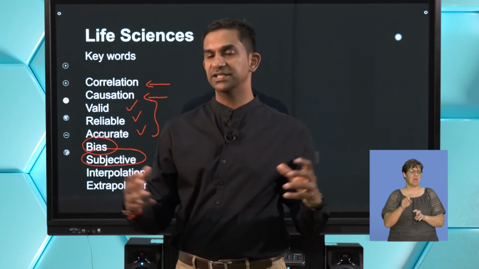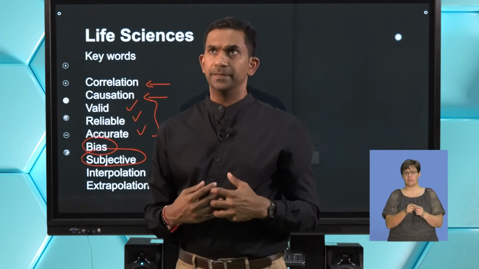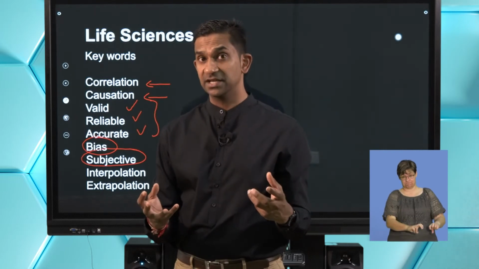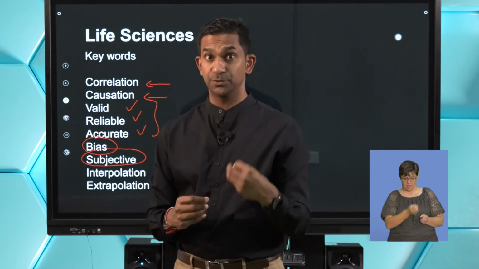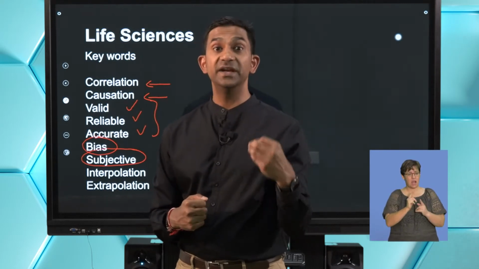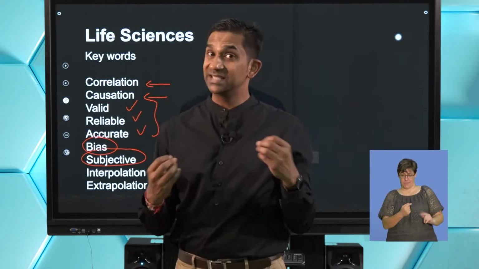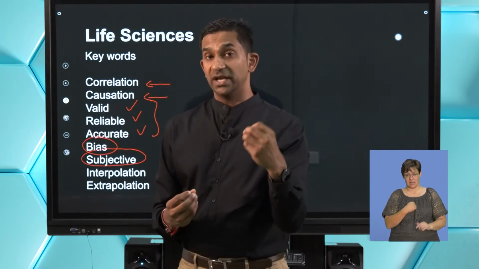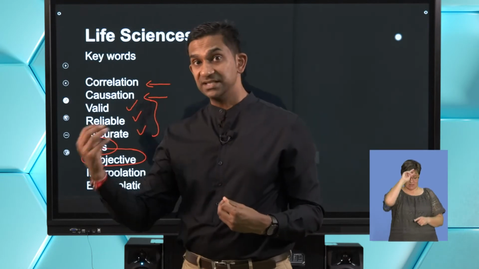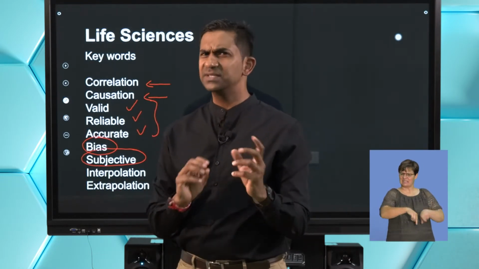So if you're conducting an experiment where you're testing the presence of protein, we often use a reagent that produces a color. So the interpretation of color can be very subjective. That essentially means that the way a person sees a color and the way another person sees that color can be slightly different.